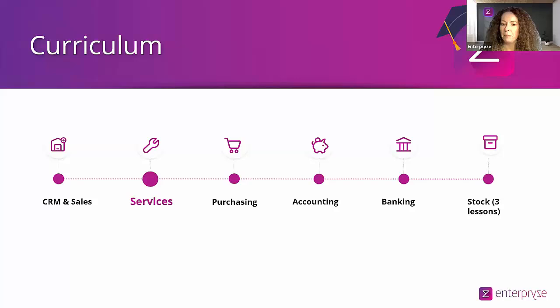We'll have accounting, banking. We'll have quite a detailed session on stock, so that'll be covered over 3 lessons. And we will move on to production and reporting as well, and of course expenses. So lots more to come. So do stay on board as best as you can.